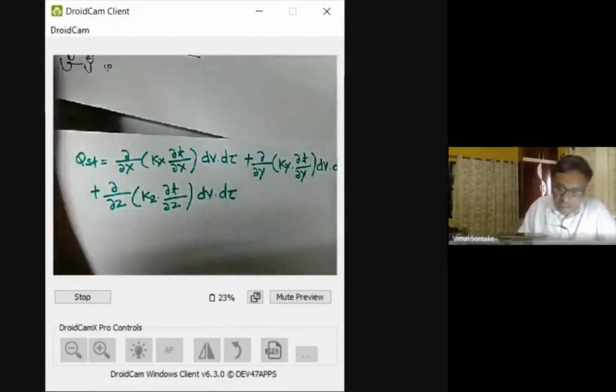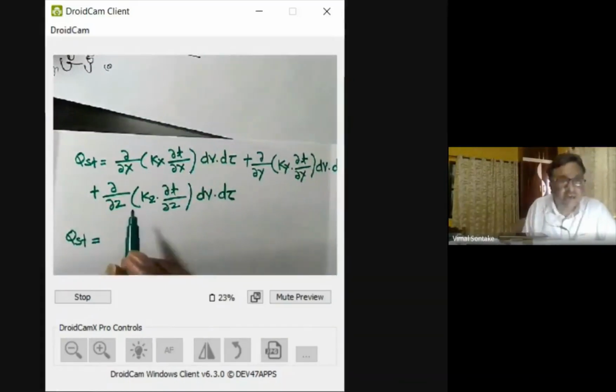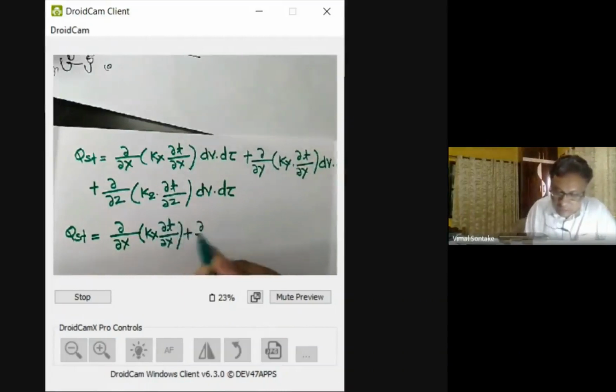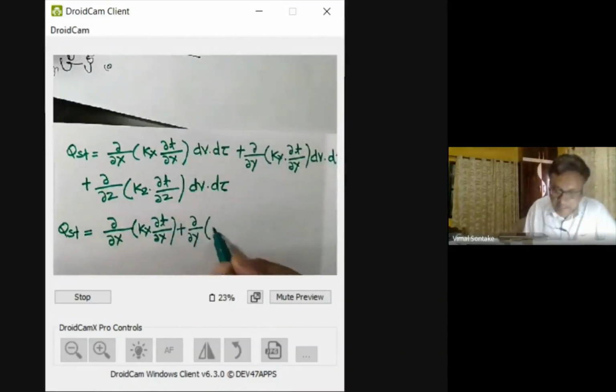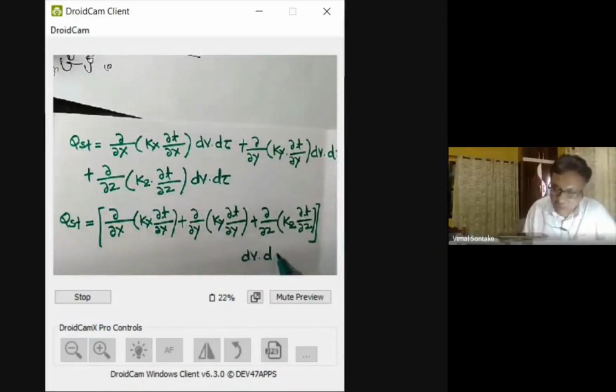Now in all these three terms, dv and d tau are common, so let me take them out and write the simplified expression: del over del x into kx into del T over del x, plus del over del y, ky, del T over del y, plus del over del z, into kz, del T over del z, and these entire terms are multiplied by the elemental volume dv into the time duration d tau.